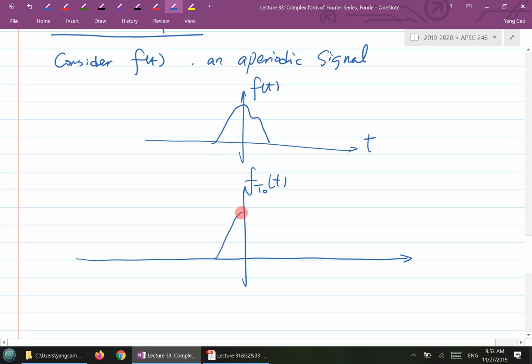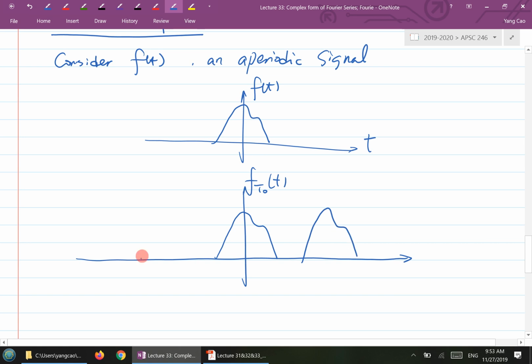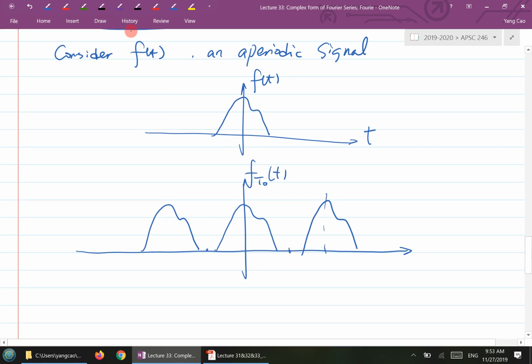Here is f of t, and then I'm going to copy it and make it a periodic function. This single one is f of t here, and I'm going to make it a periodic function called f sub T of t.